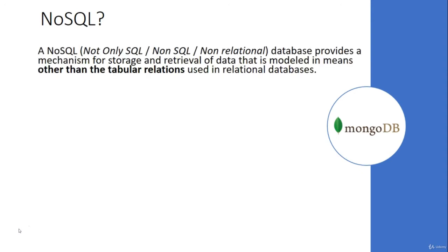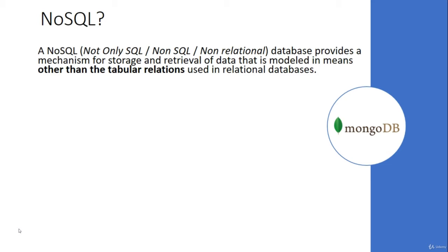NoSQL. A NoSQL, or sometimes known as not only SQL, non-SQL, or non-relational database, provides a mechanism for storage and retrieval of data that is modeled in means other than tabular relations used in relational databases. So in the last slide we have seen RDBMS, and that was all about tables and relationship between the tables.